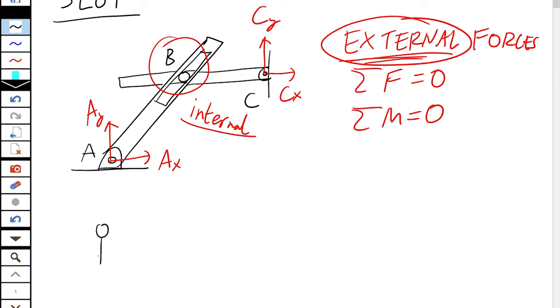For example, if I've got me standing here, I know I've got my weight acting down, my normal force with the ground acting up. There's loads more forces acting on me there. There's the force between my diaphragm and my lungs and all of that, but that doesn't turn up on this diagram because that is internal to me.